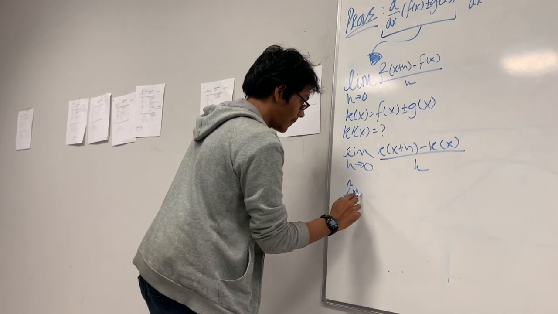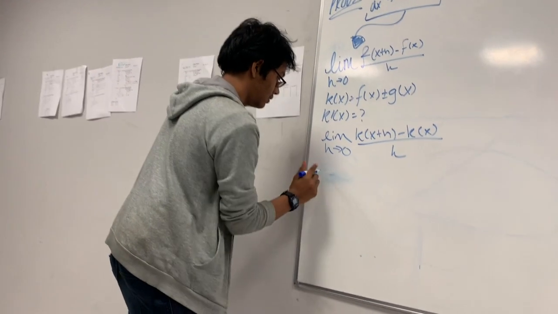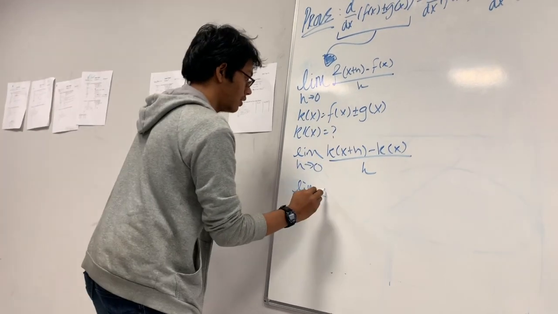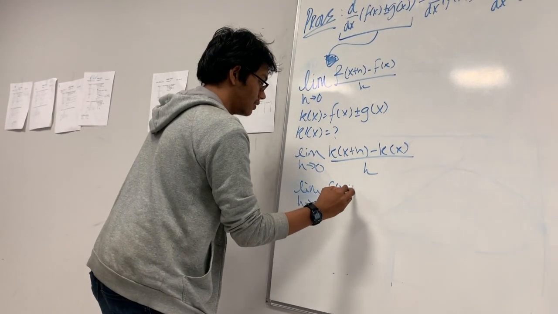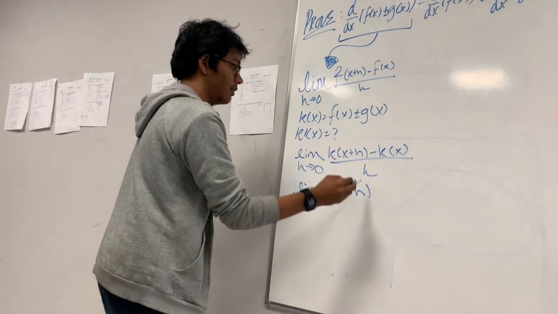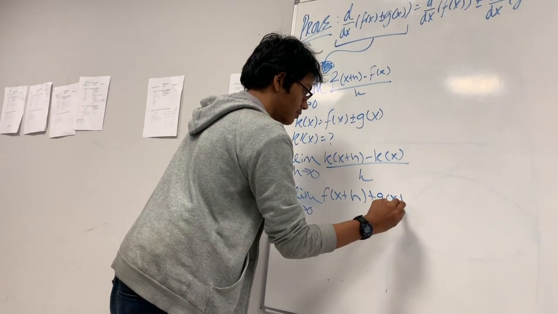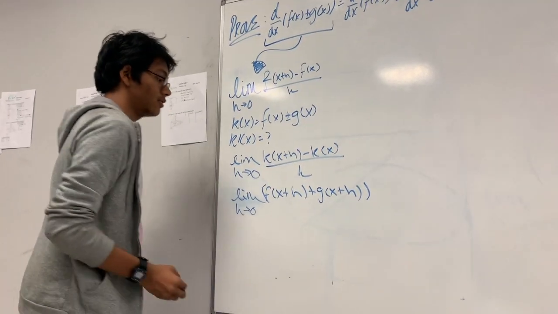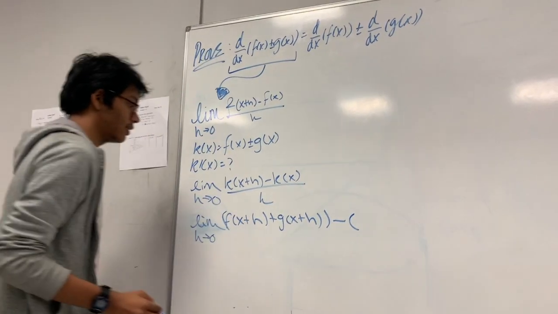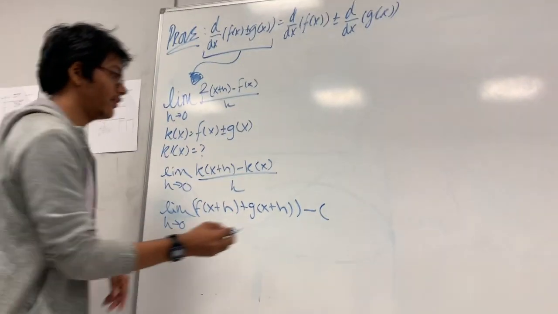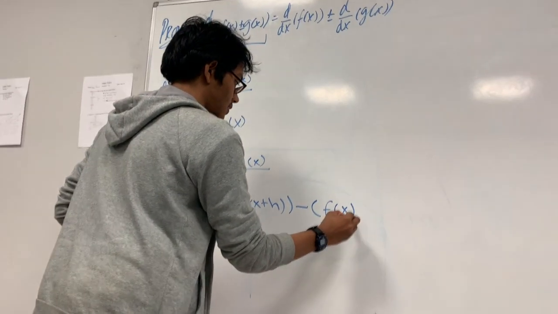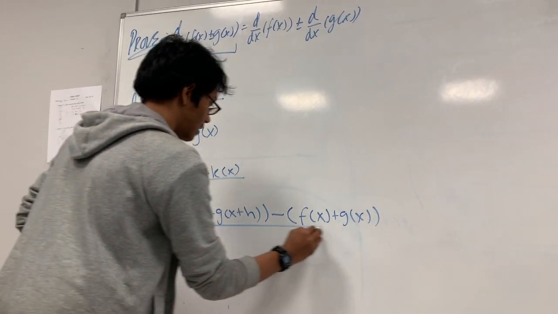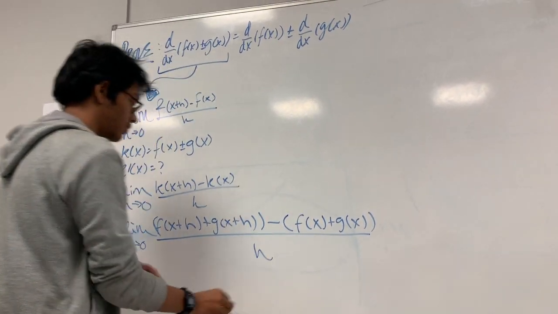So the limit as h approaches 0 of f of x plus h plus g of x plus h minus f of x plus g of x, all divided by h.